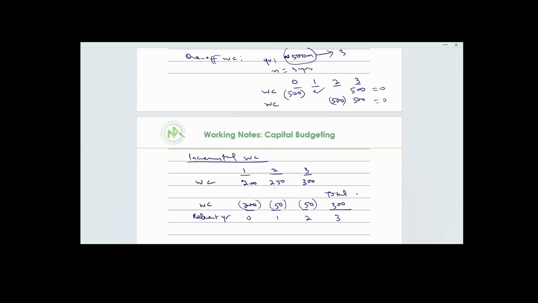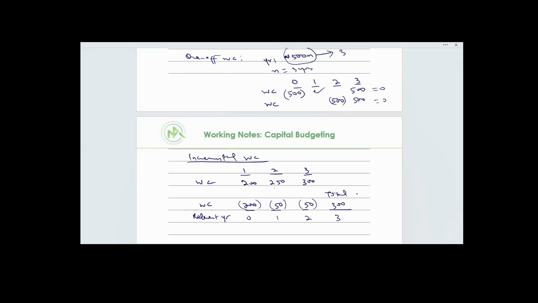So where there is incremental working capital, it should be treated as cash outflow in the year before the year of occurrence and recovered fully at the end of the useful life. However, only the increment should be considered. So in relation to your professional exam, in most cases, you are going to see incremental working capital.